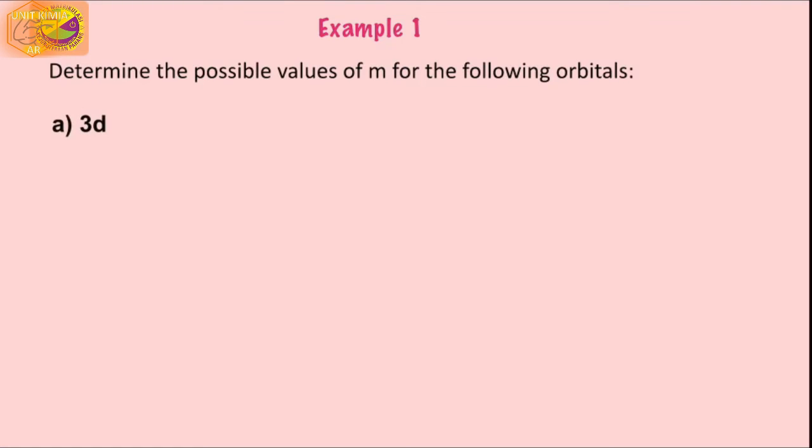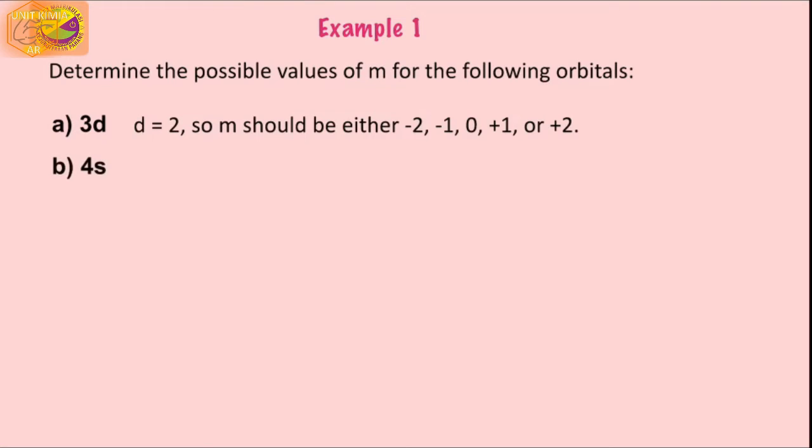A. 3d. As the value of l for d is equal to 2, m should be either -2, -1, 0, +1 or +2. B. For s. As the value of l for s is equal to 0, so m should be 0.